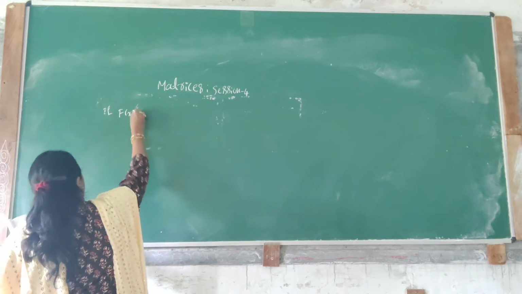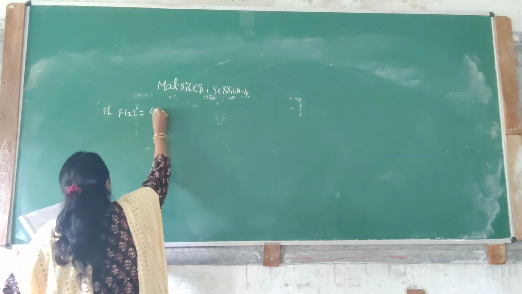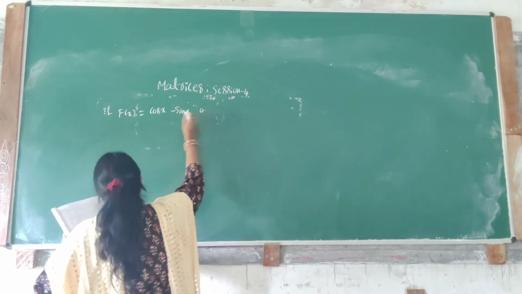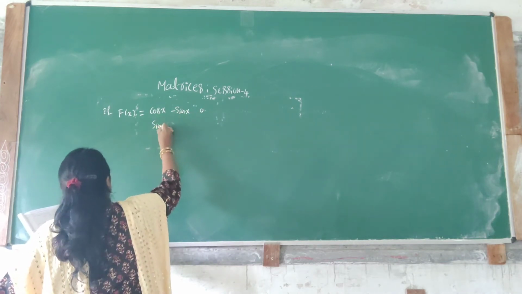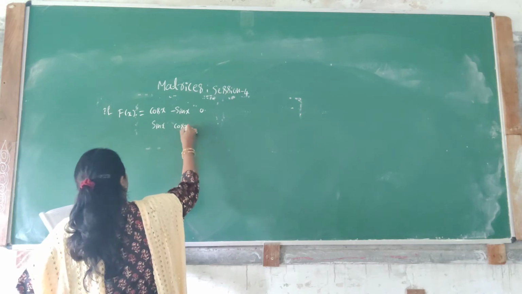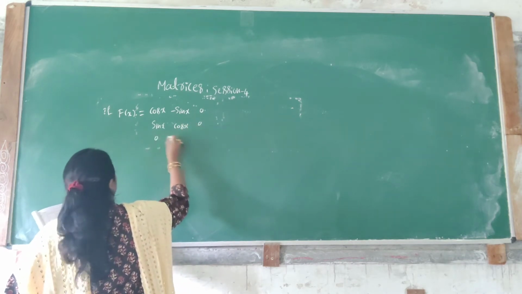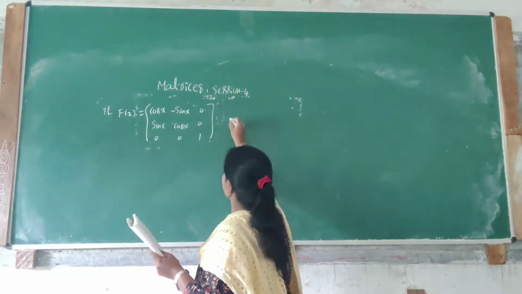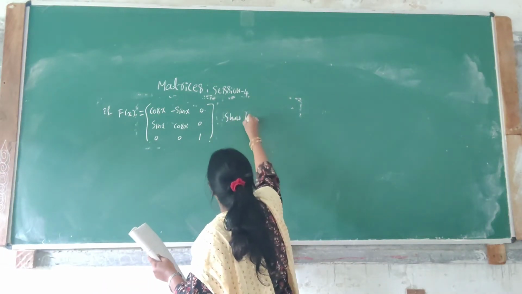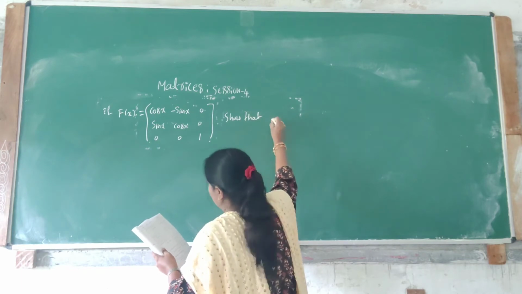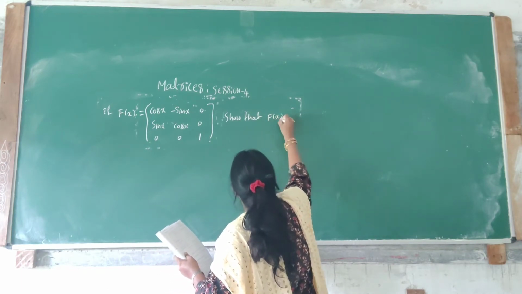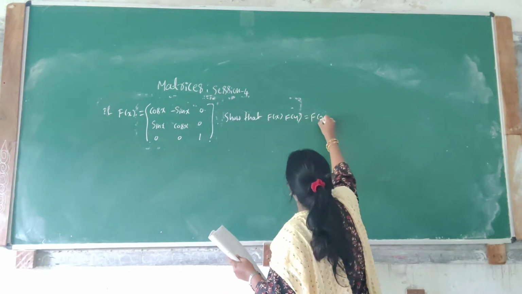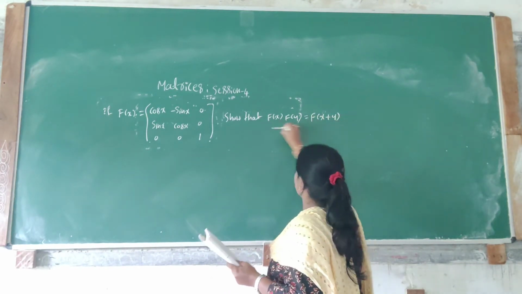If f of x is equal to [cos x, minus sin x, 0; sin x, cos x, 0; 0, 0, 1], show that f of x times f of y is equal to f of x plus y.